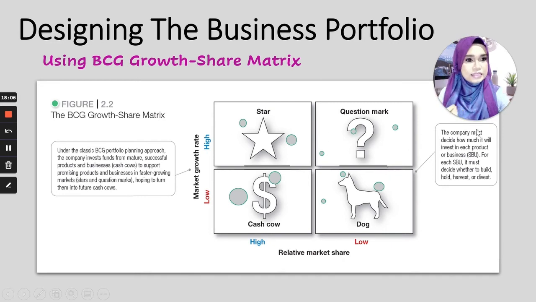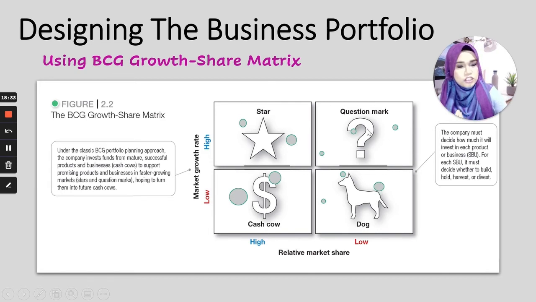So the company must decide how much it will invest in each SBU according to this particular classification. Should they build more, hold, harvest, or divest that particular SBU? Typically, if you are at the dog, you need to understand whether you should stop producing, harvest it, or put it on hold.